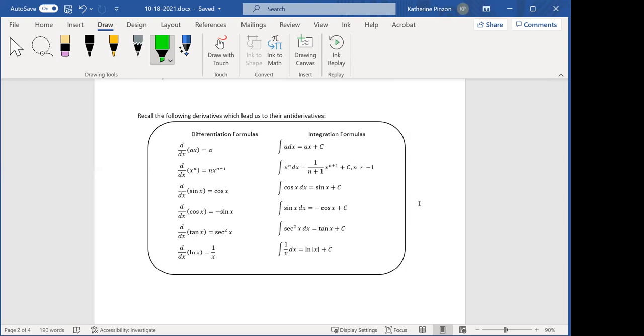What I want you to remember about antiderivatives is there are no product rules, there are no quotient rules, there are no chain rules. The only thing we have are the addition and subtraction rules. If you have a bunch of functions added or subtracted together, you can take their antiderivative in individual pieces. If you have two functions multiplied together, there is no product rule.